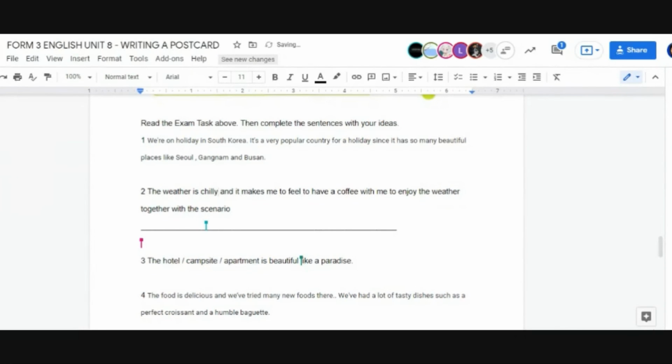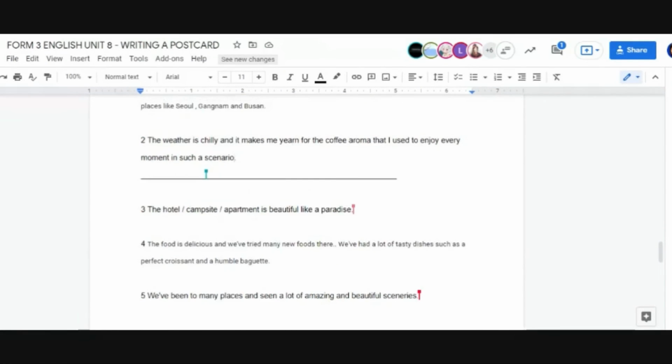The weather is chilly and it makes me... I think we have to rephrase this part. We don't want to just enjoy the weather anymore. The weather is chilly and it makes me yearn for the coffee aroma that I used to enjoy every moment in such a scenario. So you can change it this way.